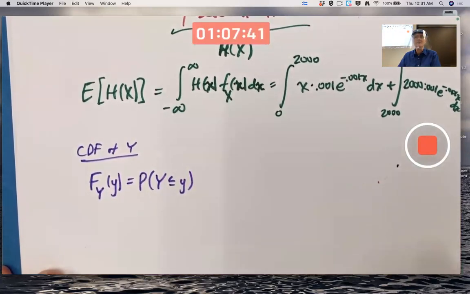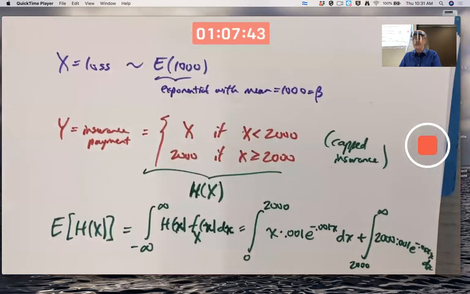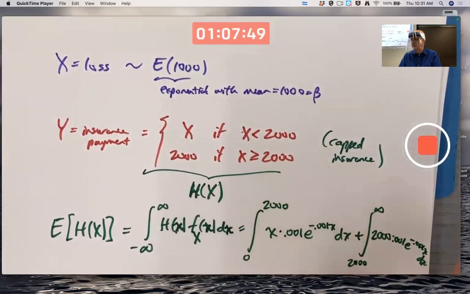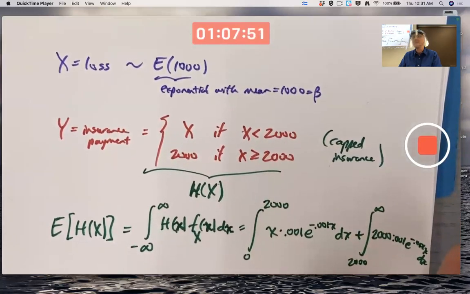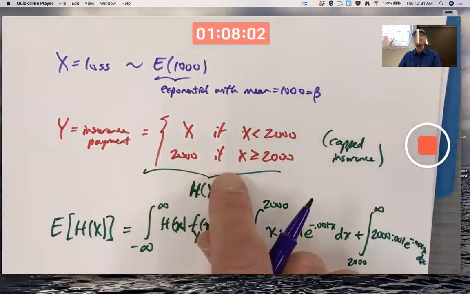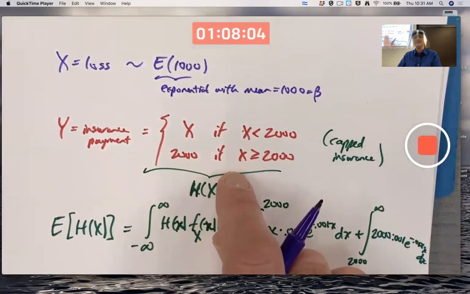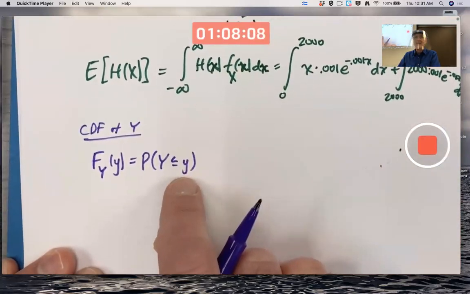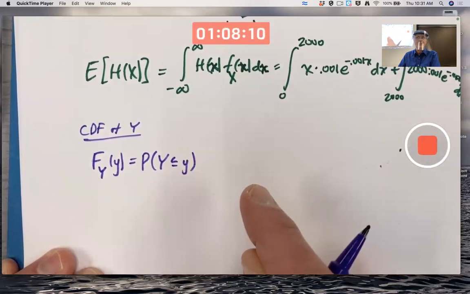X could be bigger than 2000, and the probability that x is, for example, less than 3,000 is not 1. Close to 1, but not equal to 1. But Y never can get bigger than 2,000. So if I put a 2,000 there or anything bigger, it's a guarantee. 1 is the probability.